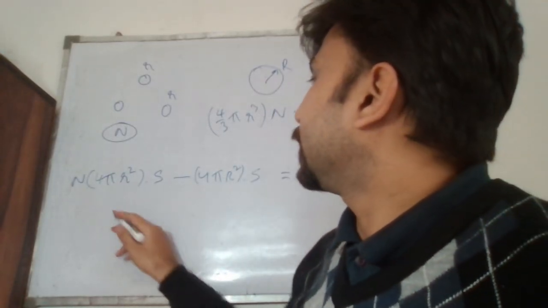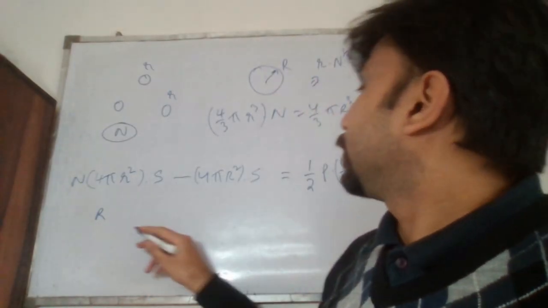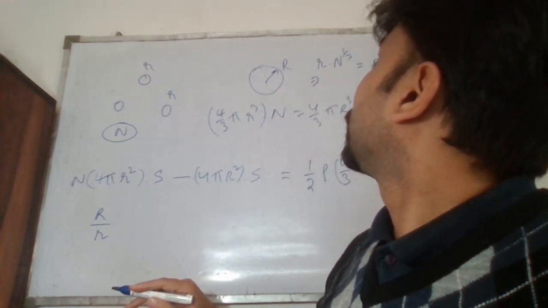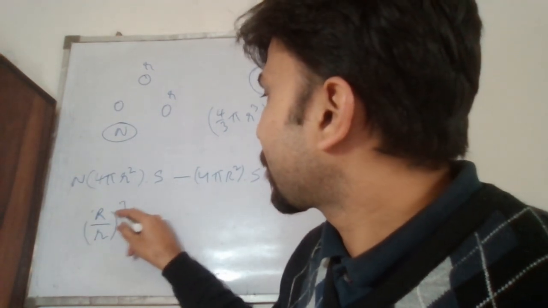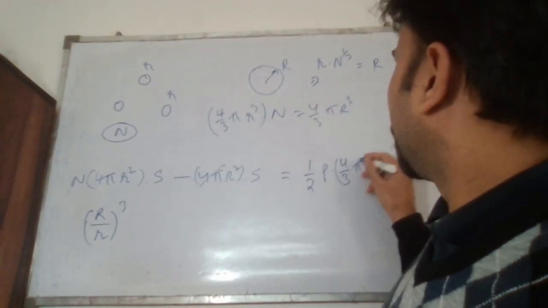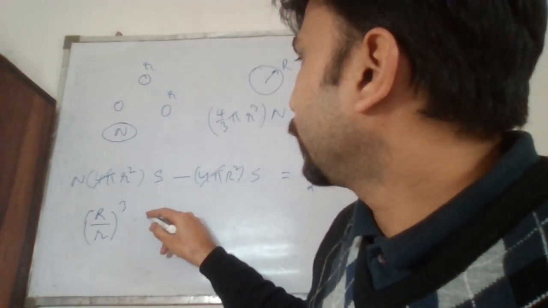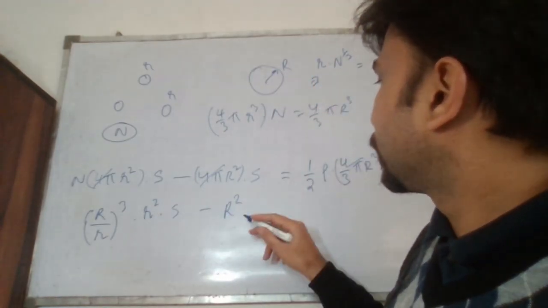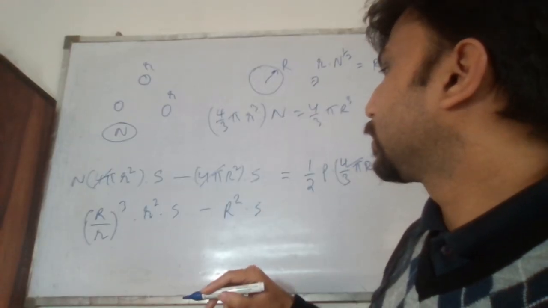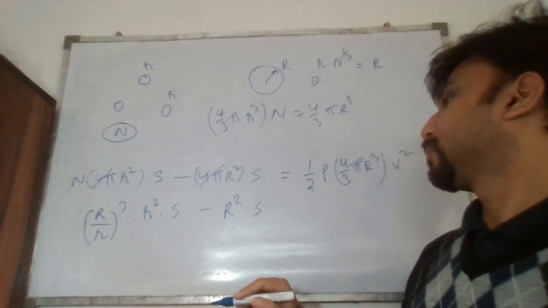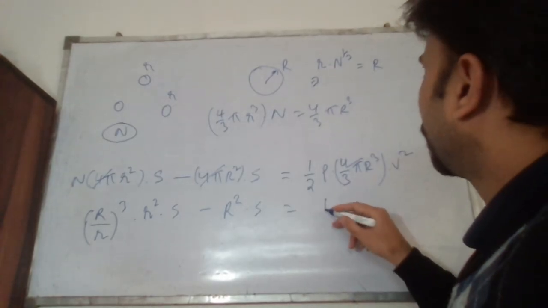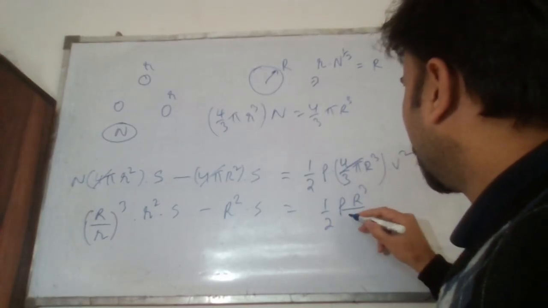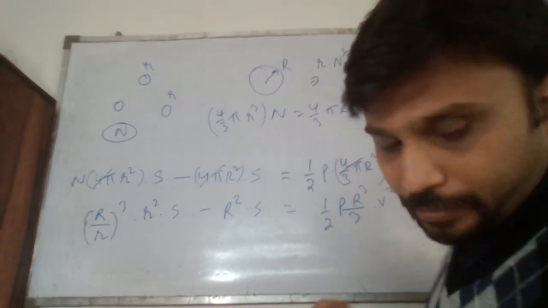When I put that value, I'll get R upon small r cube into 4 pi, which gets cancelled out, into r square into S minus R square into S is equal to half rho R cube by 3 into v square.